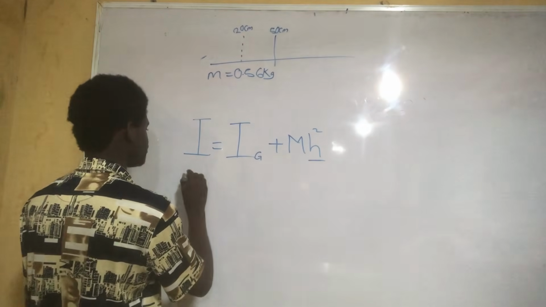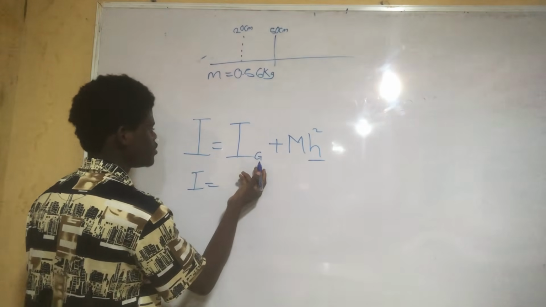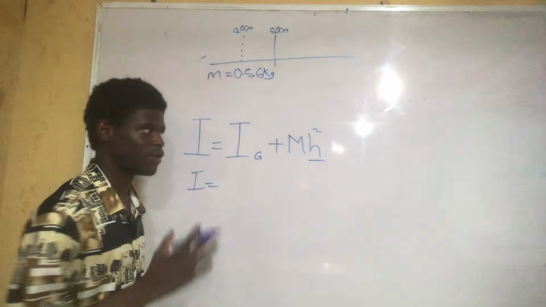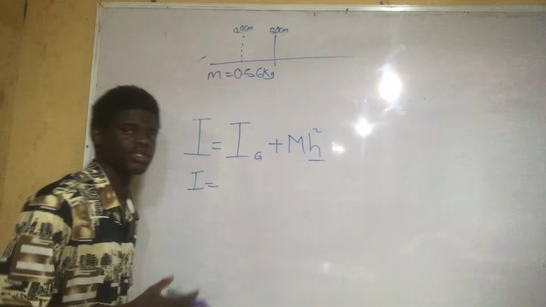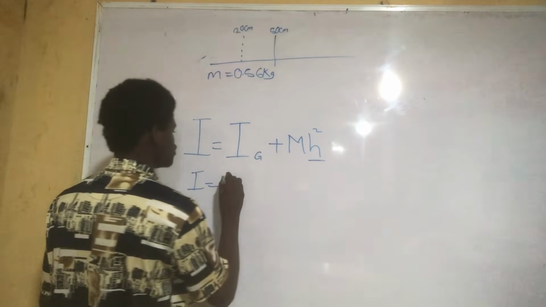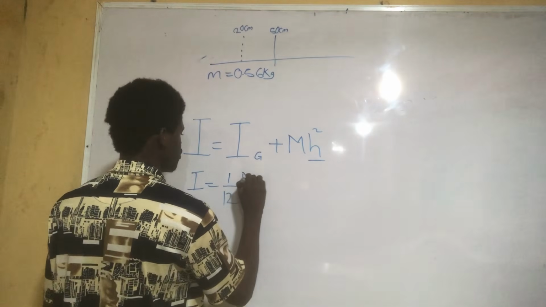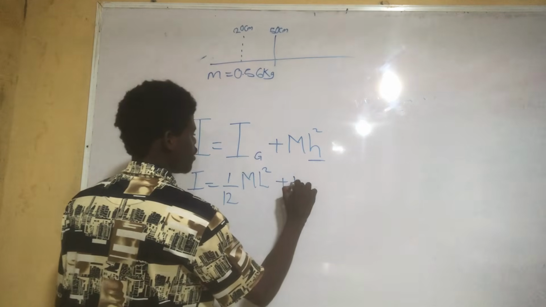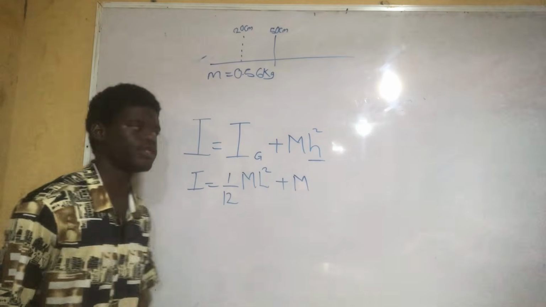So this is the formula here. I is our moment of inertia at the center of gravity, that's when we are considering the central axis. For a rod, it is 1 over 12 m l squared, plus m h squared. Now, what's our h?